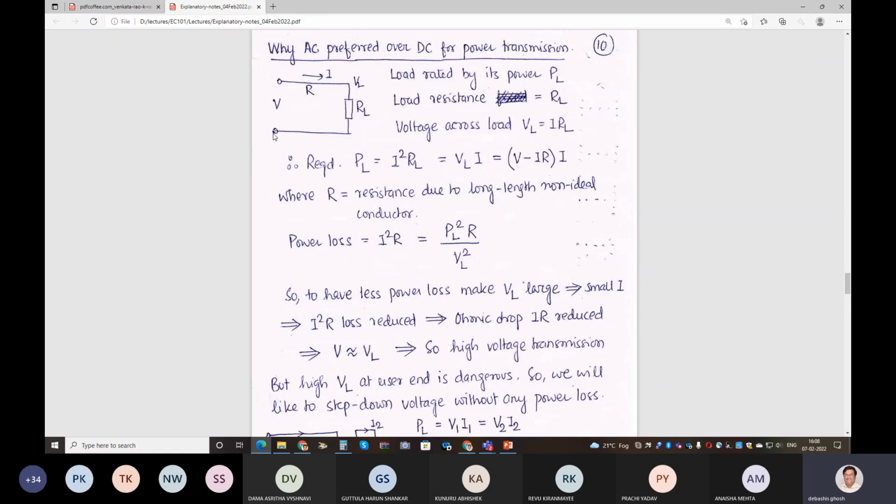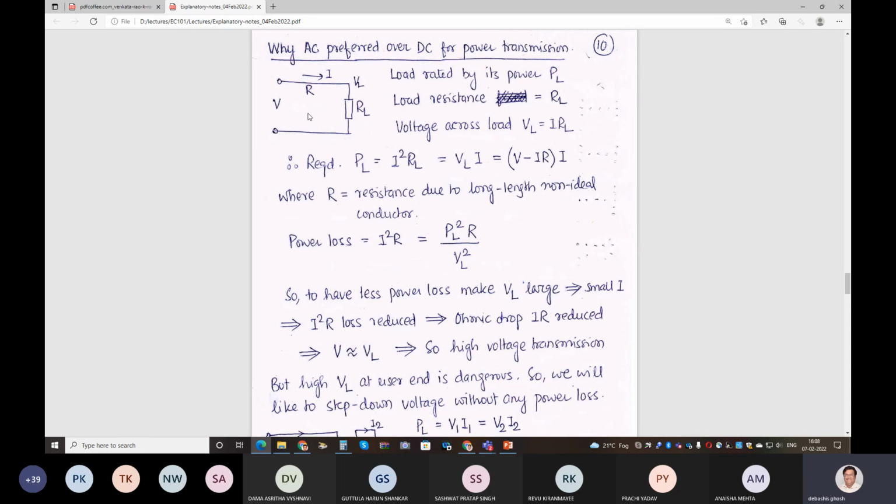Now this high voltage transmission, as I said, may be dangerous. When you are having the load at your home for domestic application, this high voltage will be dangerous. So we will require to transmit the power at a high voltage, but the voltage has to be stepped down when you are connecting your load at your home.